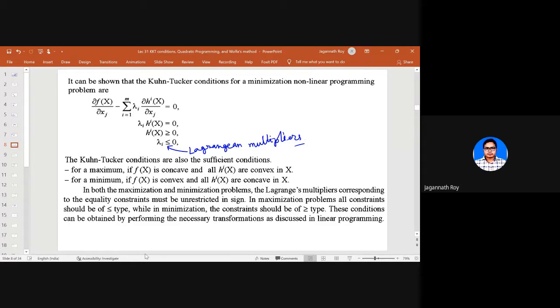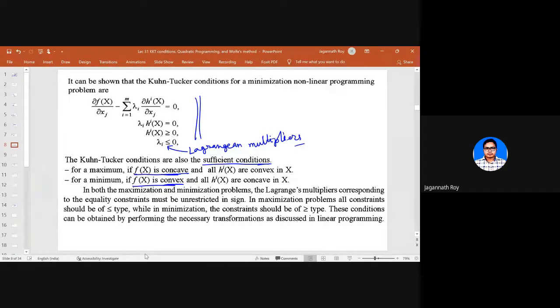In this case, once again, if the function f(x) is convex or concave, then these conditions will be sufficient also. Not only necessary, they are sufficient also.